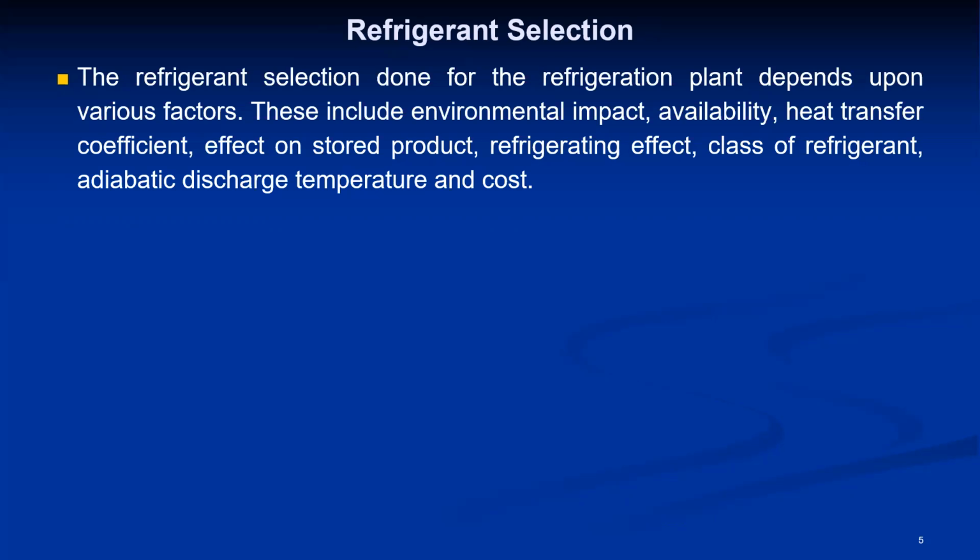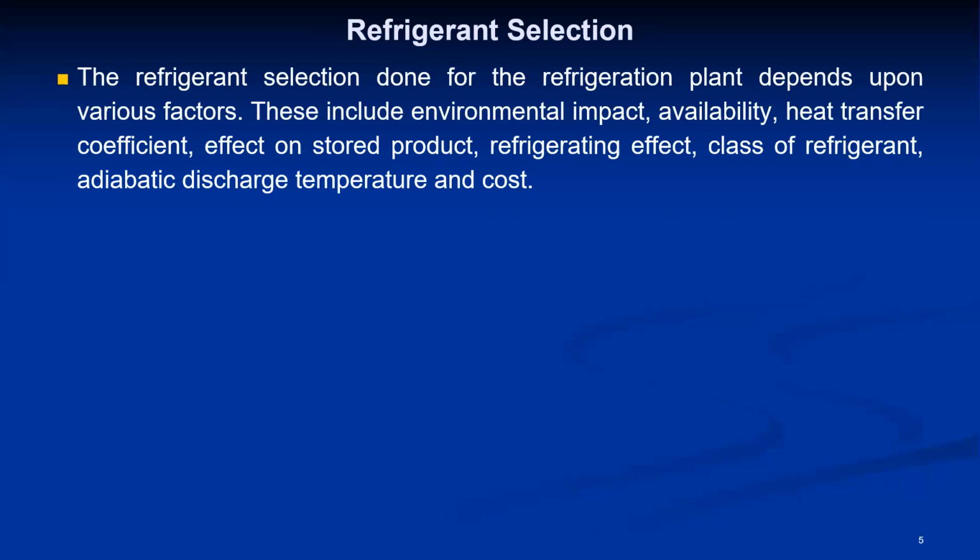Then discharge temperature and the cost. Adiabatic discharge temperature matters, because it can lead to decomposition of the refrigerant as well. And last but not least, for large installations the cost of the refrigerant also matters. For example, for every TR, 1 kg is required.